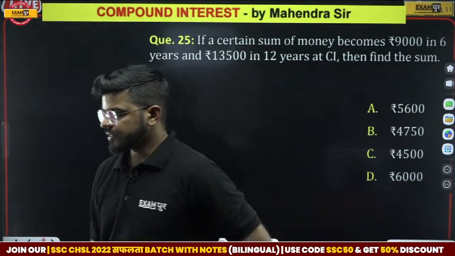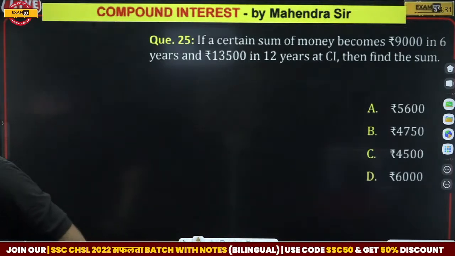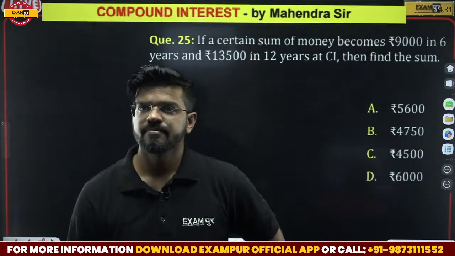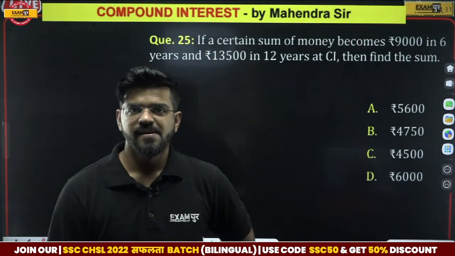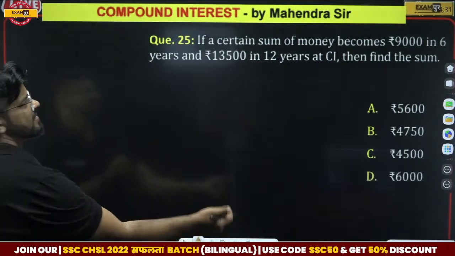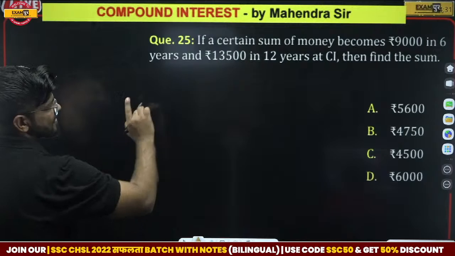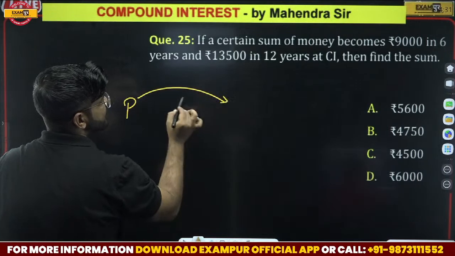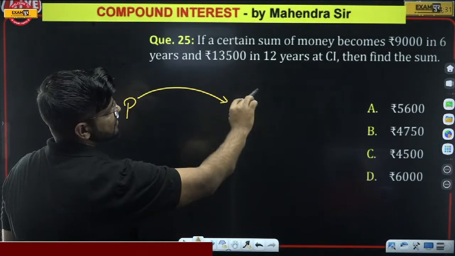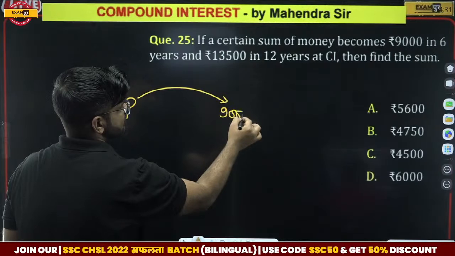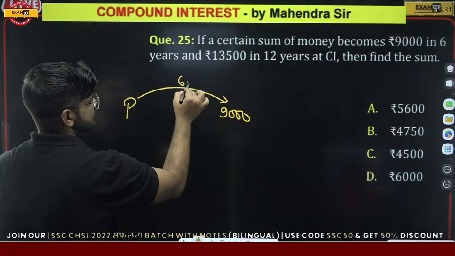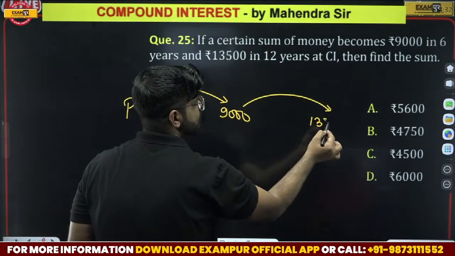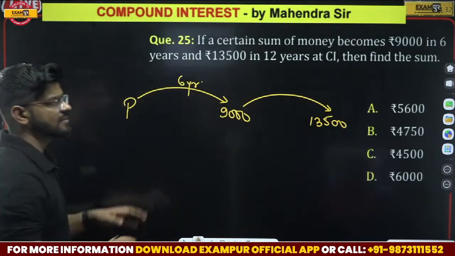The question is saying that a sum becomes 9,000 in 6 years and 13,500 in 12 years.